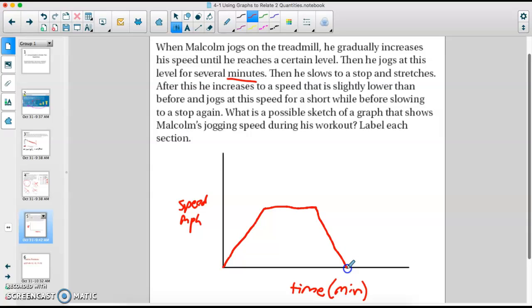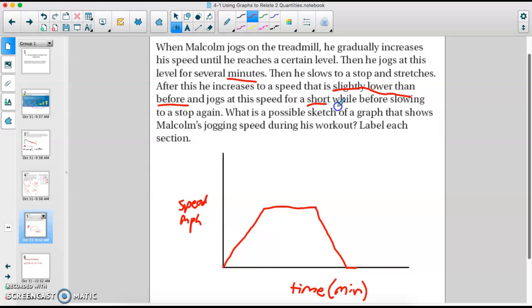Okay, he stretches for a short while. Let's see here. He stops and stretches. Okay. So if we want to, we can maybe go a little bit while he stretches. And then he gets back on, and he increases to a speed that is slightly lower than before.